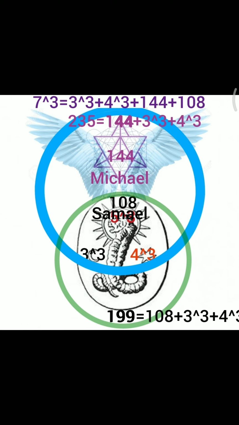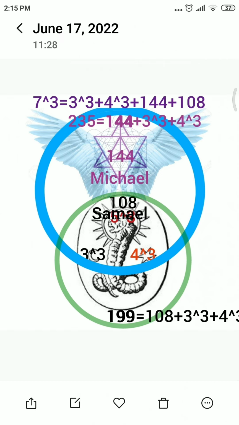That is quite evident from the names themselves. The name of Michael means the face of God or godlike, and he is the commander of God's army. And Samael, on the other hand, the meaning itself is venom of God. So he is the evil aspect.